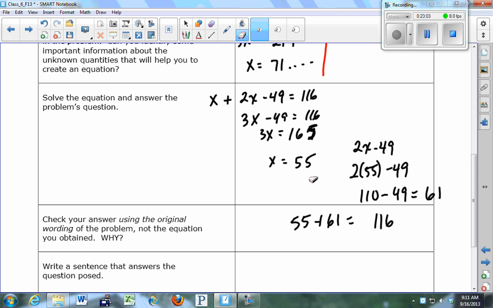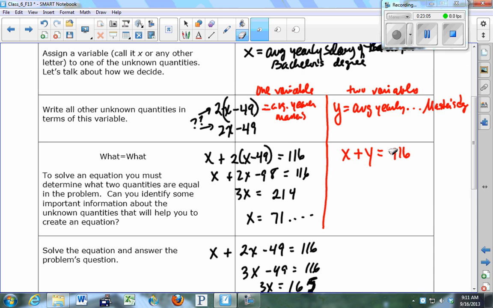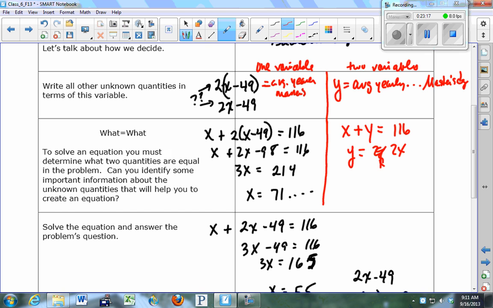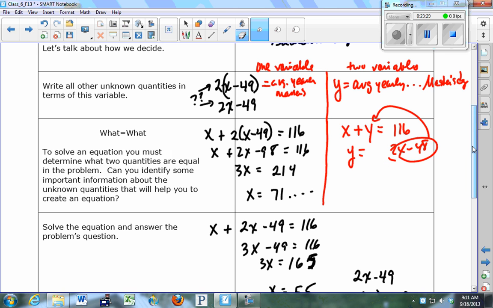Now, the reason we couldn't use this idea, which Andrew brought up, is we would still have to be able to describe X and Y in terms of the other one. So now you would have had to be able to say Y is 2X minus 48, so you could substitute, okay? Yeah, that's what I was talking about. Right, right. You sort of did use what I did. Right, right. Okay. So if you wanted to use two variables, you would have still had to say 2x minus 48 somewhere in the problem.